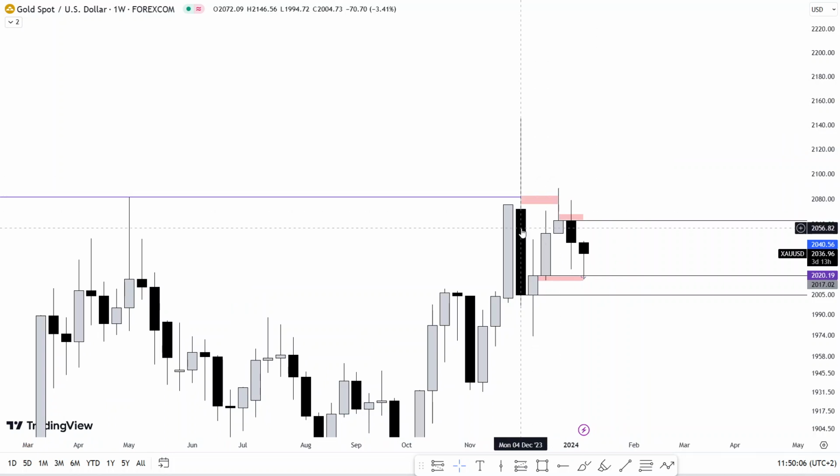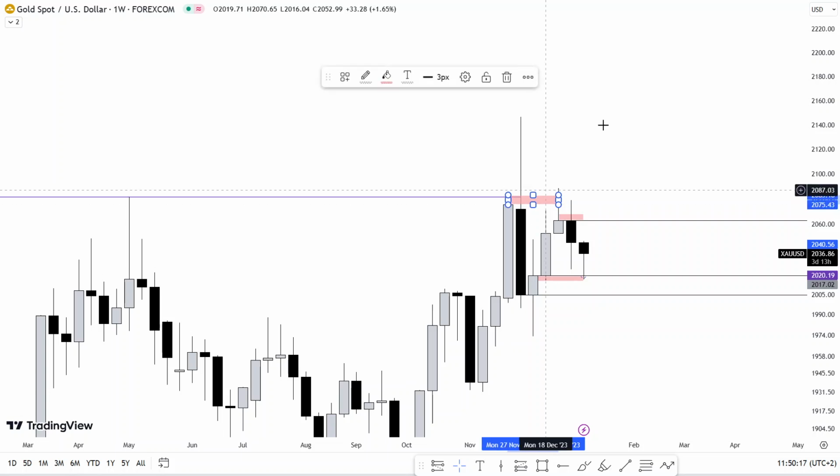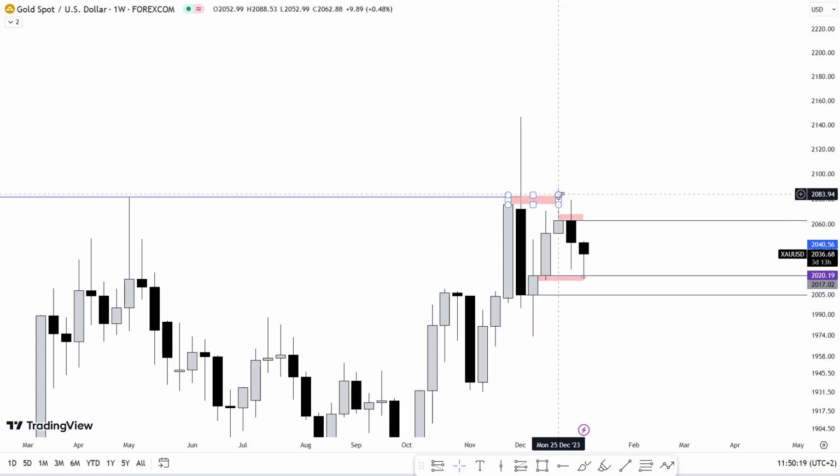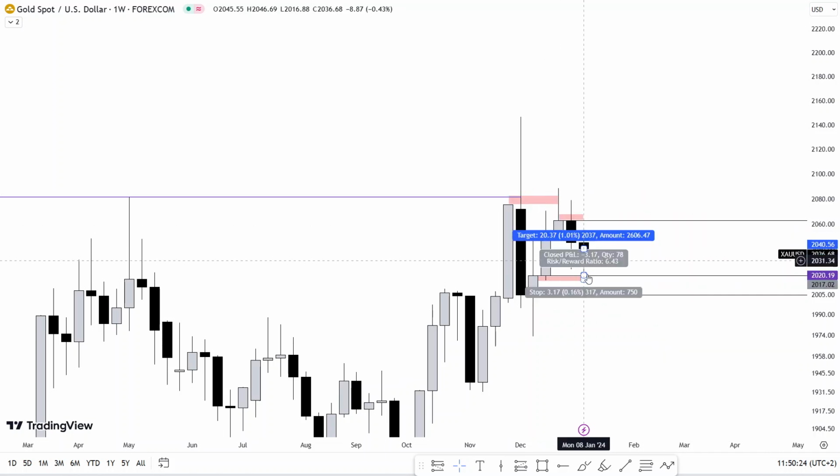After trading below, we made a pullback, and then we tapped this area of resistance right here, and we are now anticipating a sell-off.